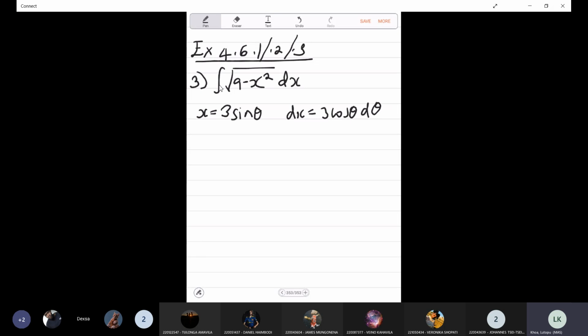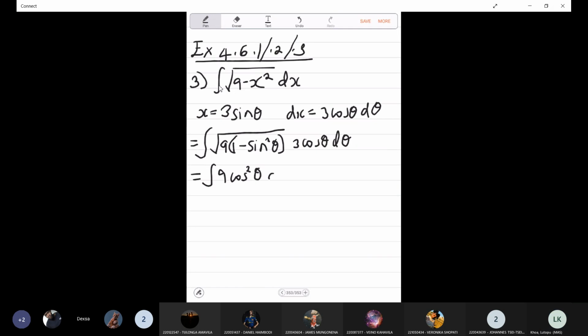Then we substitute in there. So what we are integrating is the integral, the square root of 9 will be outside. We will factorize it, and then we'll have 1 minus sine squared theta. And then outside the square root, we multiply by dx, which is 3 cos theta d theta. So this will be 9 cos squared theta d theta.